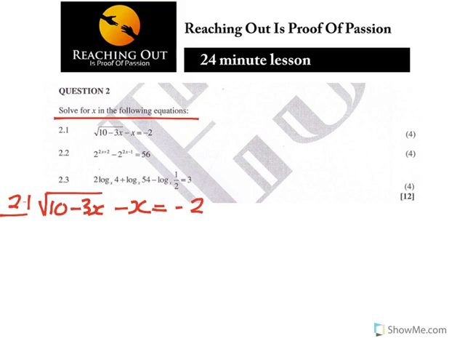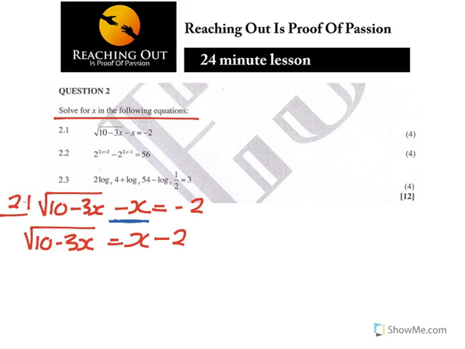Now, one thing you have to get rid of is that negative x on this other side. Make it jump the equal sign so that you have square root of 10 minus 3x is equal to x minus 2. Now the next thing is to get rid of the square root.